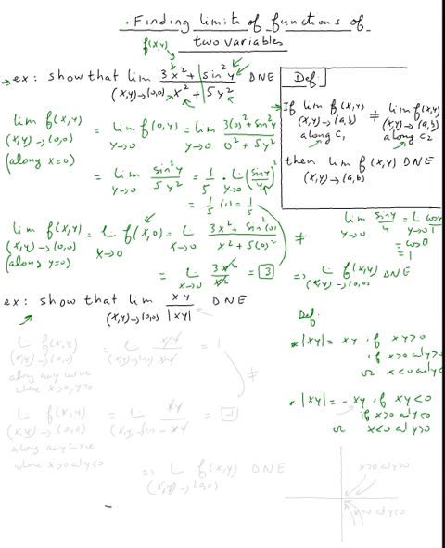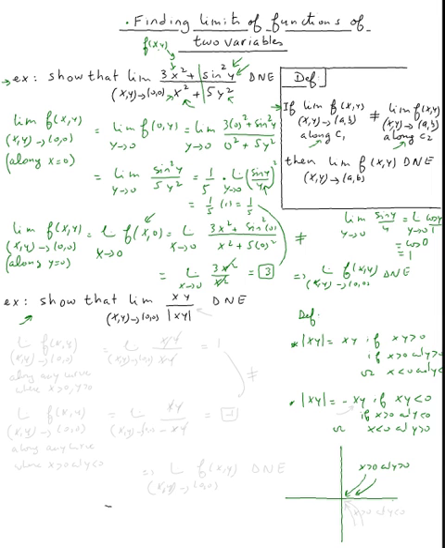So if we choose two paths, any two paths, let me draw the y-axis and the x-axis. If I pick, for example, a path that comes from x positive and y positive, meaning any path going in that direction, could be that one, it could be that one, doesn't matter.